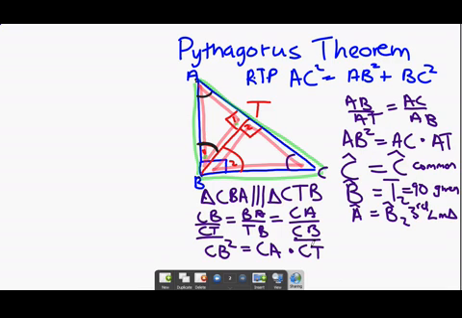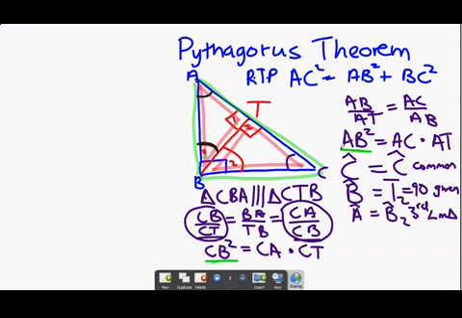Notice how I took only this ratio. Now we've got two things. We've got CB squared here, and here we've got AB squared.